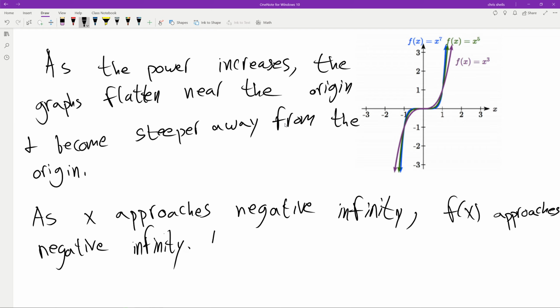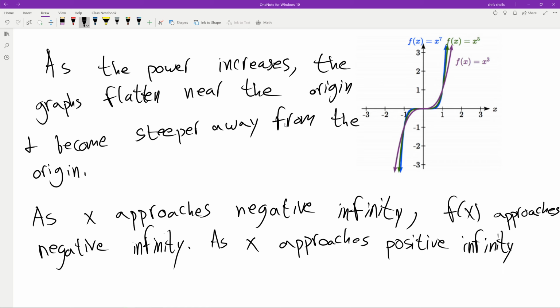Similarly, as x approaches positive infinity, in other words, as these graphs are going to the far right, f of x approaches positive infinity.